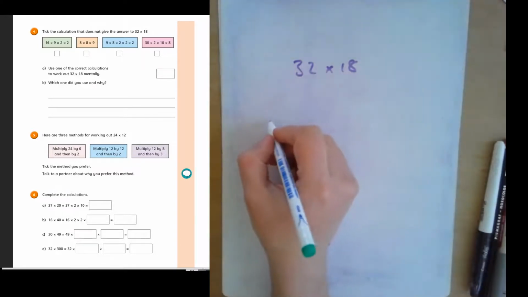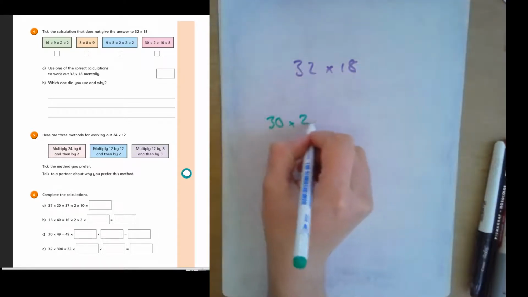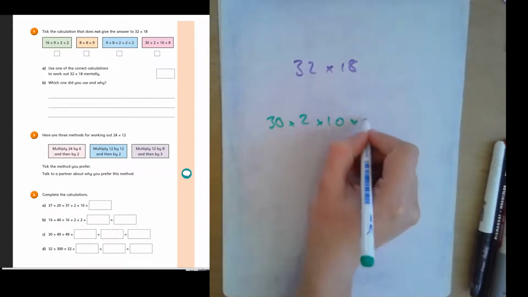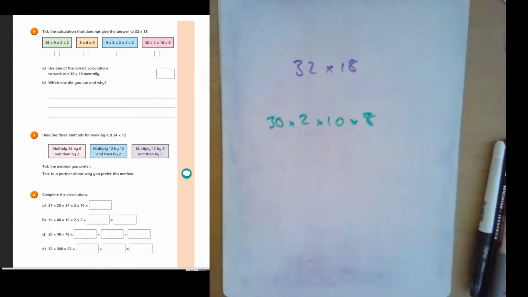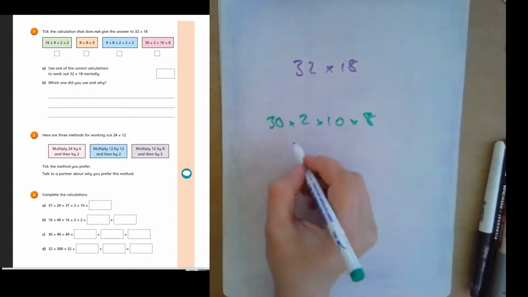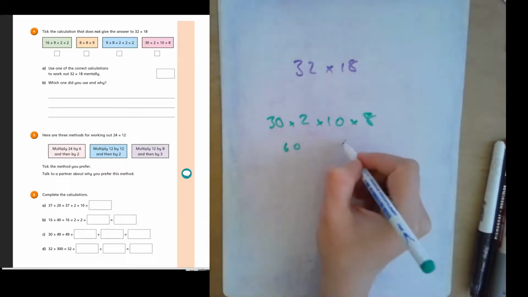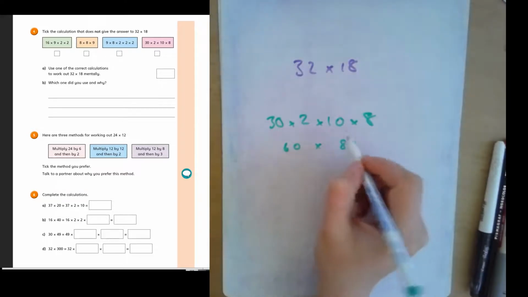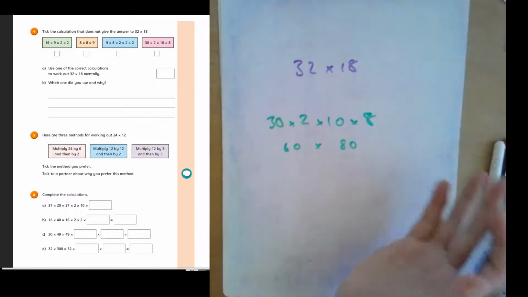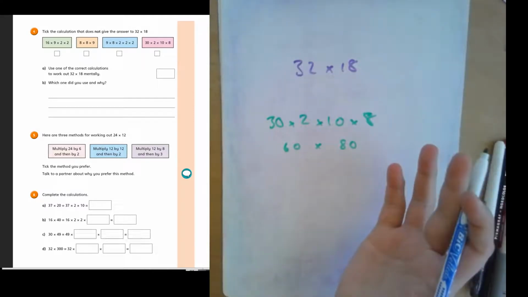But we do like to double check these things. So I've got 30 times 2 times 10 times 8. Does that work? Well, no, because 30 times 2 is 60 and 10 times 8 is 80, and that just doesn't work at all. I don't have a 32 in there.